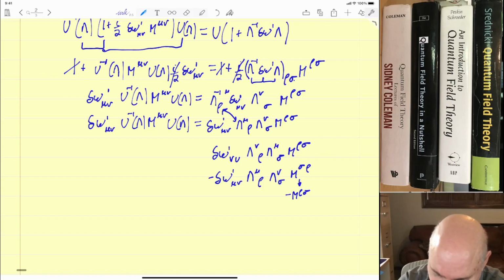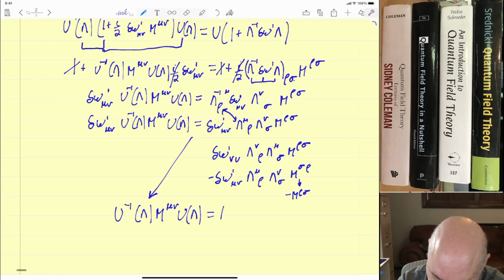So using that fact, I can cancel these two things, and I get U inverse lambda M mu nu U of lambda is equal to lambda mu rho lambda nu sigma M rho sigma. And this is what we wanted to show.